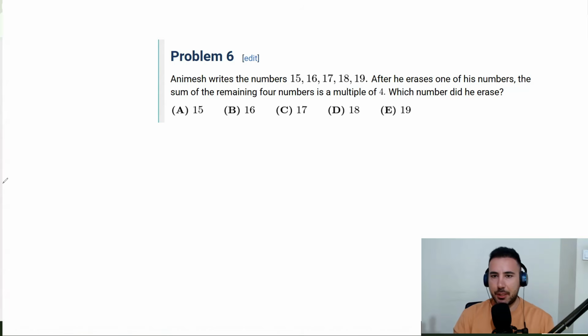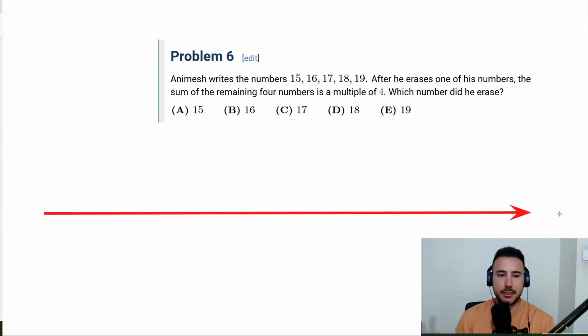So what is the better approach? I think knowing the numbers and their placements on a number line. Let's just write multiples of 4. Okay, this is an 8. This is a 12, a 16, and a 20. I think that's enough.